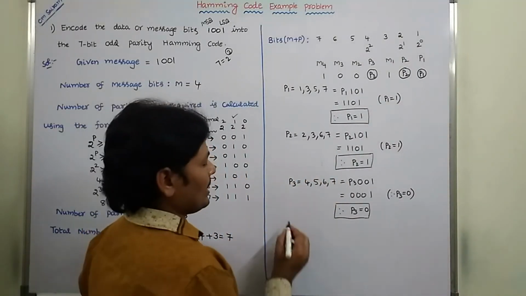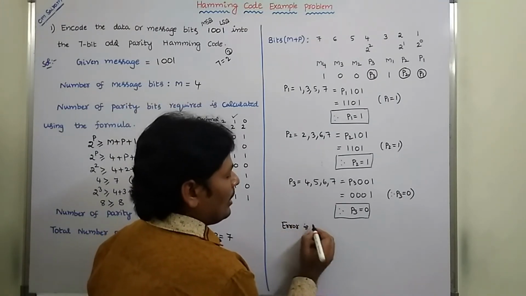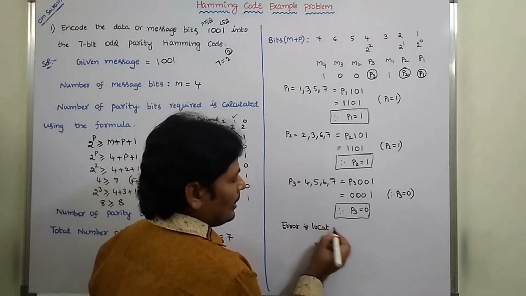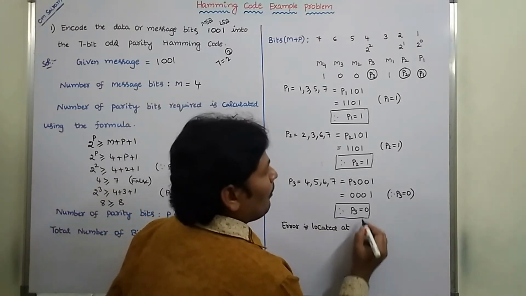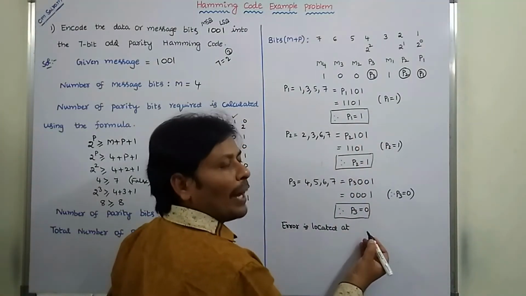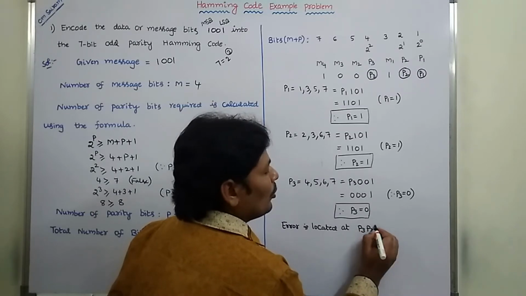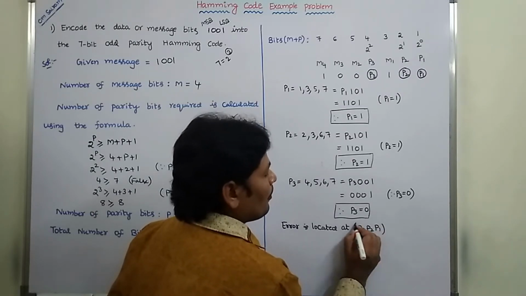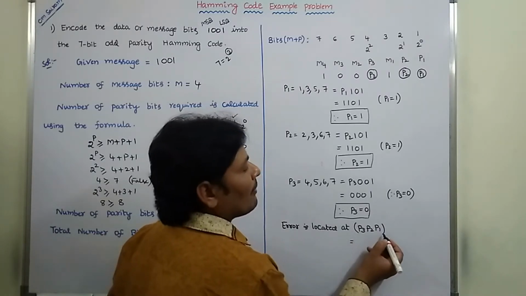So the error is located at the position found by clubbing all the parity bit values, that is P3, P2, P1. So what are the P3, P2, P1 values?